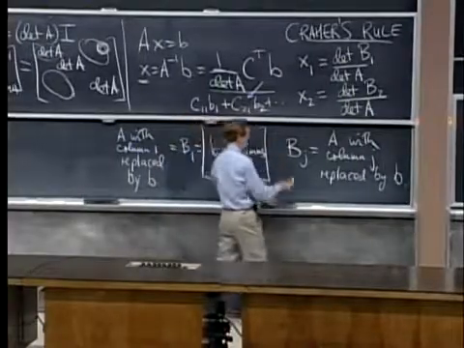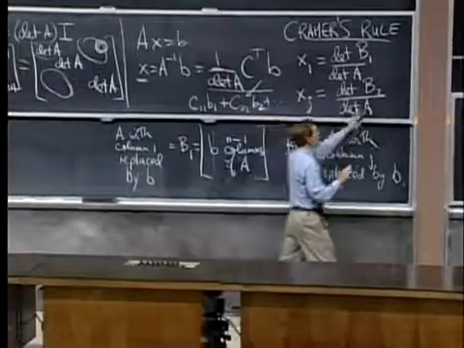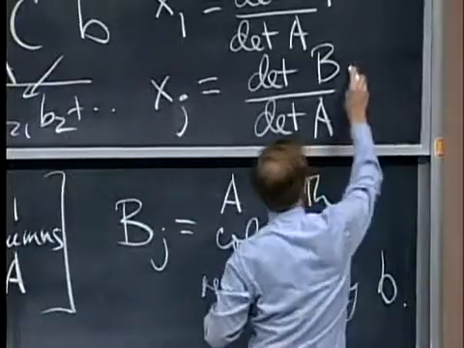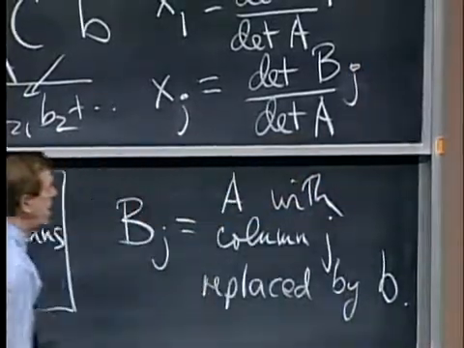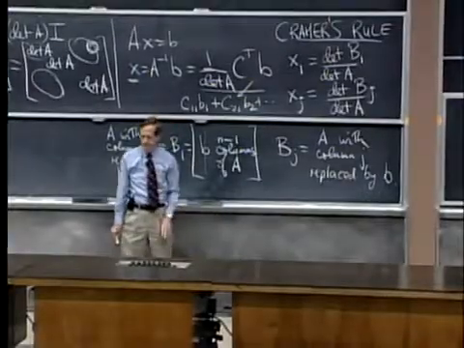So let me change this to the general formula. Xj, the jth one, is the determinant of Bj divided by the determinant of A. And now we've said what Bj is.